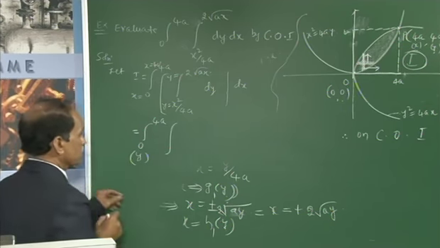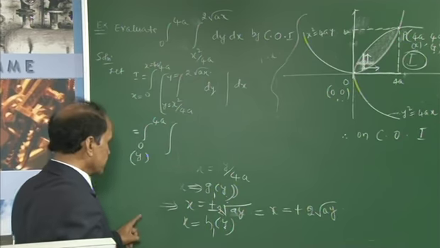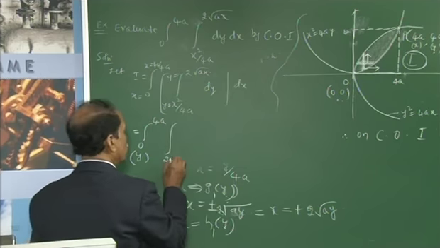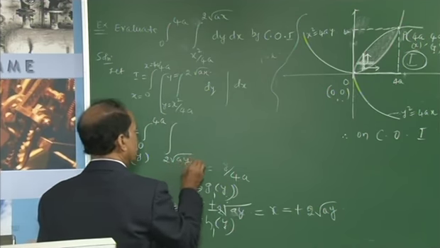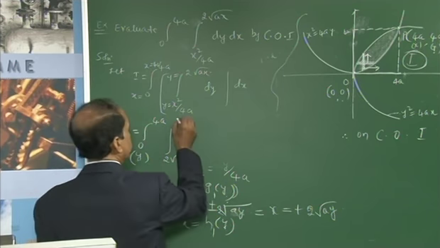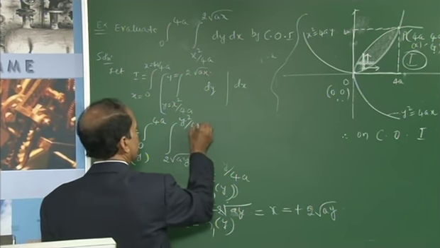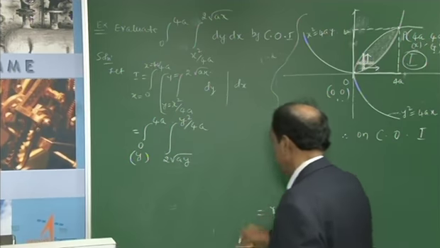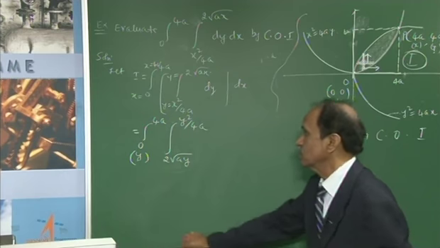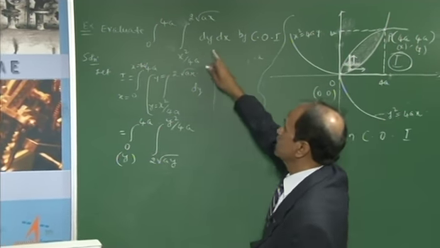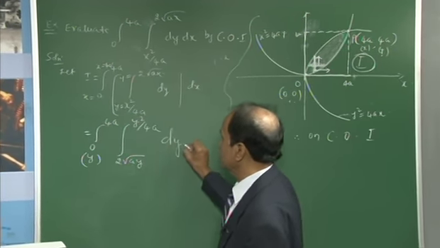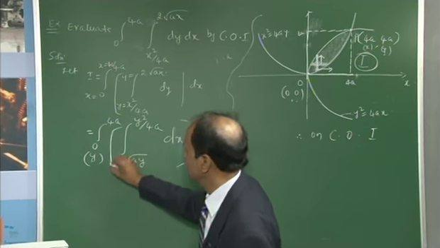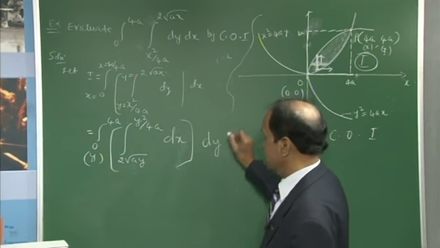And here y equal to x square, that means x square is equal to 4ay gives x equal to 2 root of ay, and the other limit is y square by 4a. Now, what is the derivative inside you have to fix? Earlier this was dy, now you have to put dx first, close the bracket, which you have to perform, and then dy.